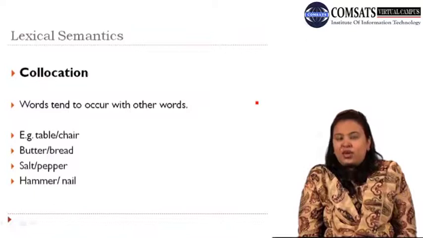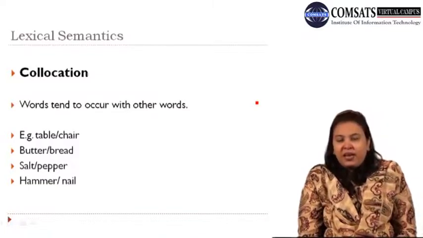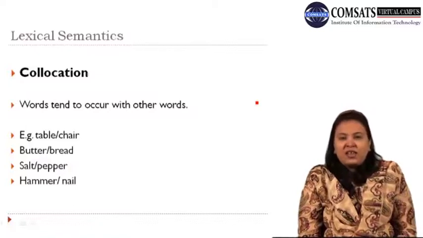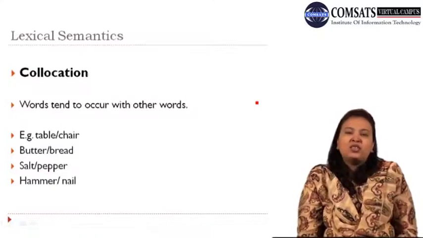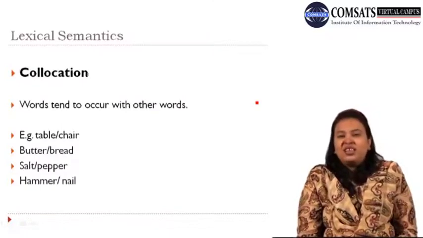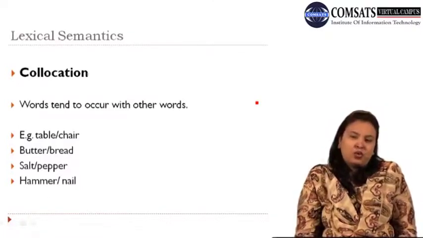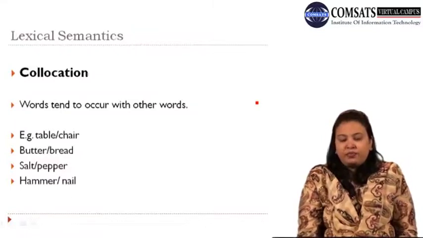We usually use a combination of table and chair, butter and bread, salt and pepper, hammer and nail, male and female, ladies and gentlemen, girls and boys, men and women. So these words are known as collocation, because usually these combinations of words stand together. So such lexical relationships are known as collocational relationships.